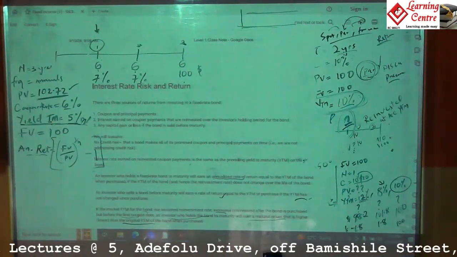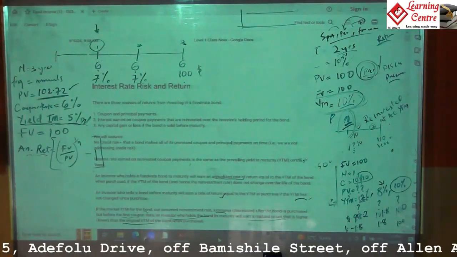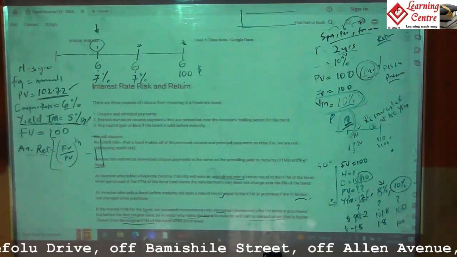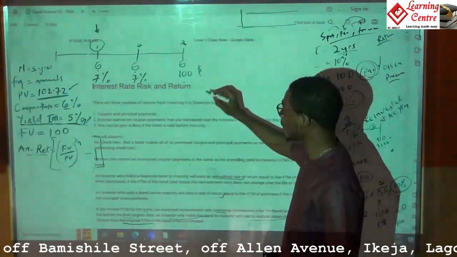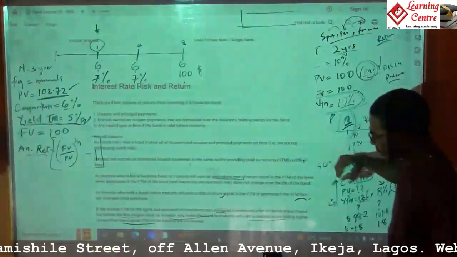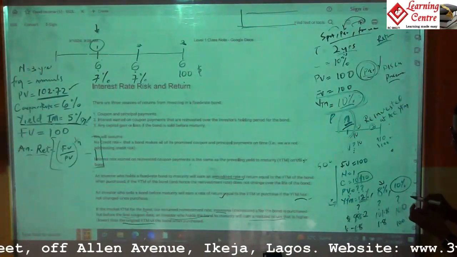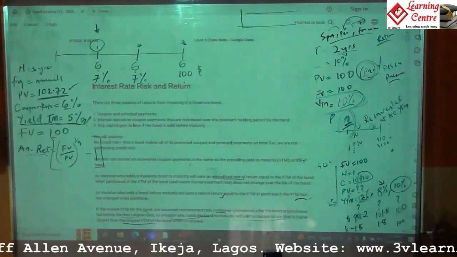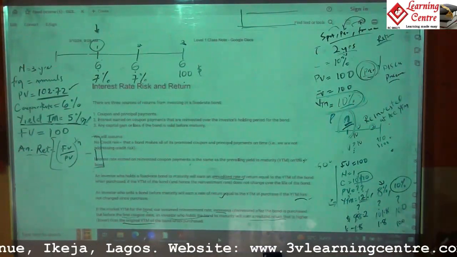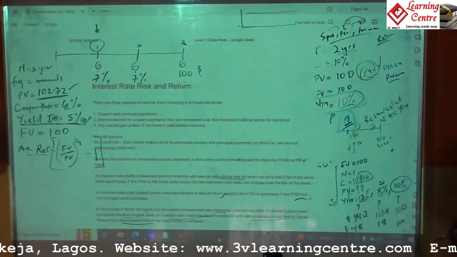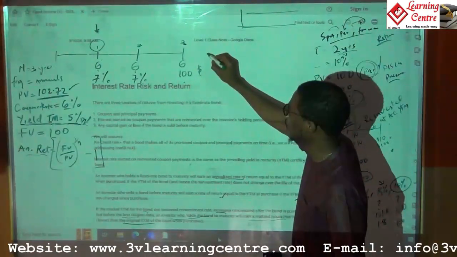Just like what we discussed. If you are not getting it here, it's not because this is very complicated. The point is that before the first coupon, the yield changes.